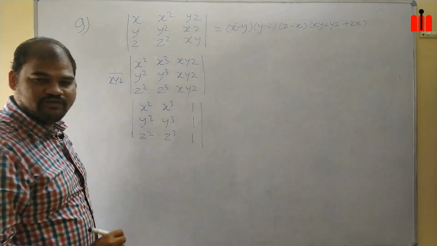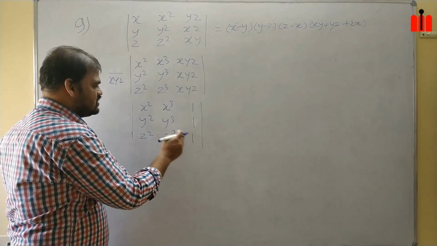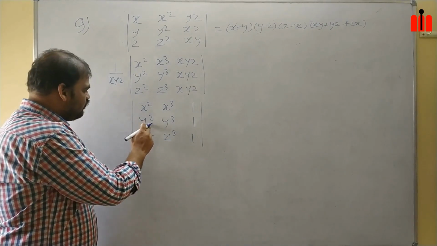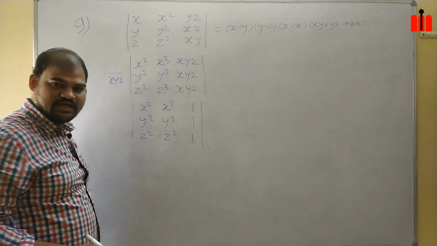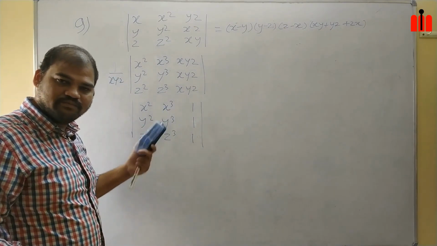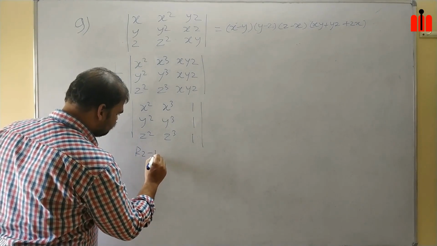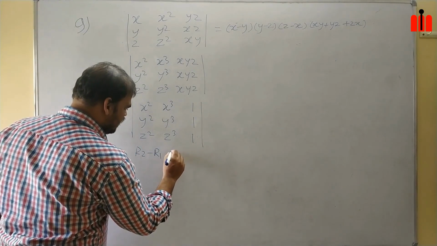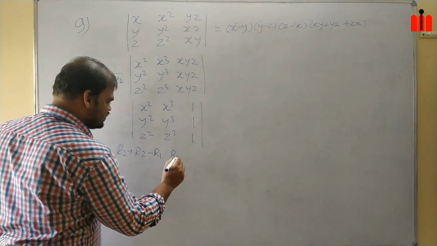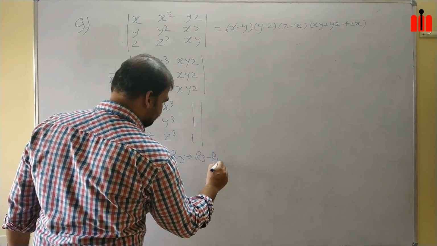Okay. Now I will do the same operations as I did in number 8. I have to make this 0, this 0. This will become y cube minus x cube, z cube minus x cube, y square minus x square, z square minus x square, once R2 is subtracted by R1 and R3 is subtracted by R1. So R2 becomes R2 minus R1 and R3 becomes R3 minus R1.